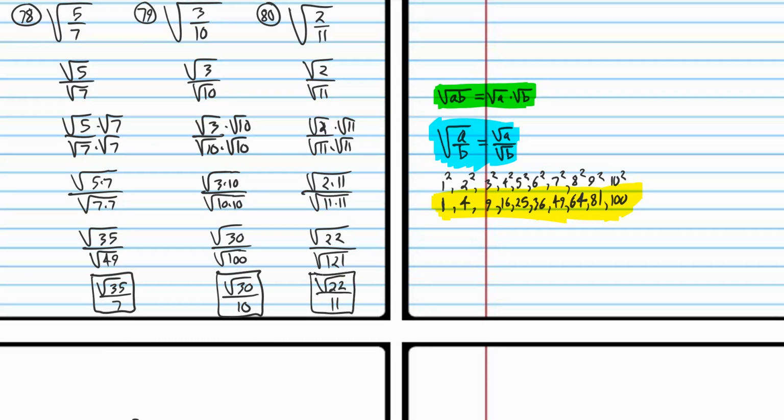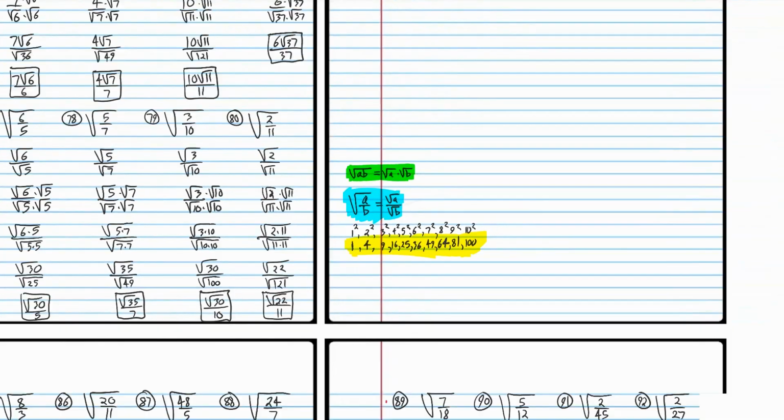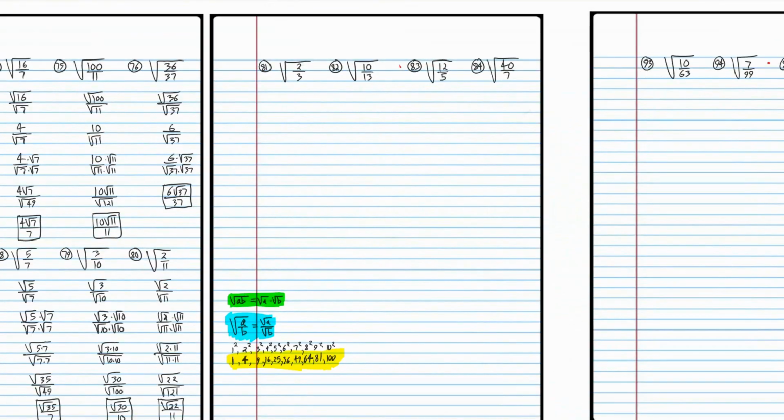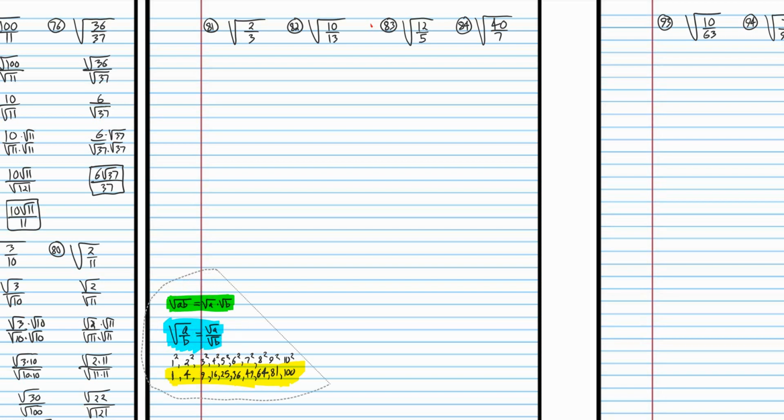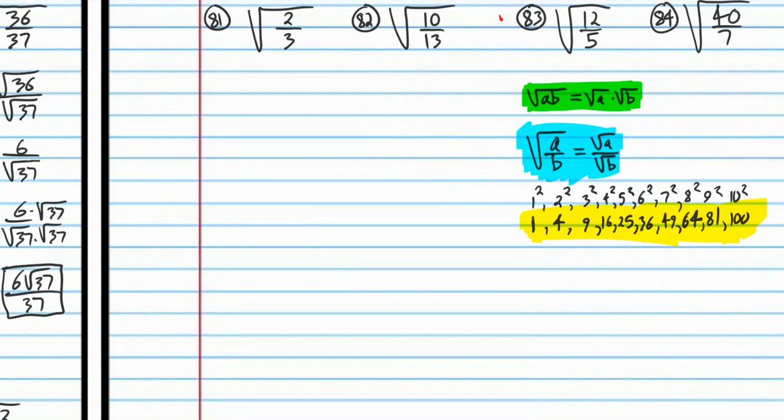So we got that answer. Good job. All right, on to number 81. 81 is the same situation, so try 81, and when you come back, we'll do it together. All right, we're back.